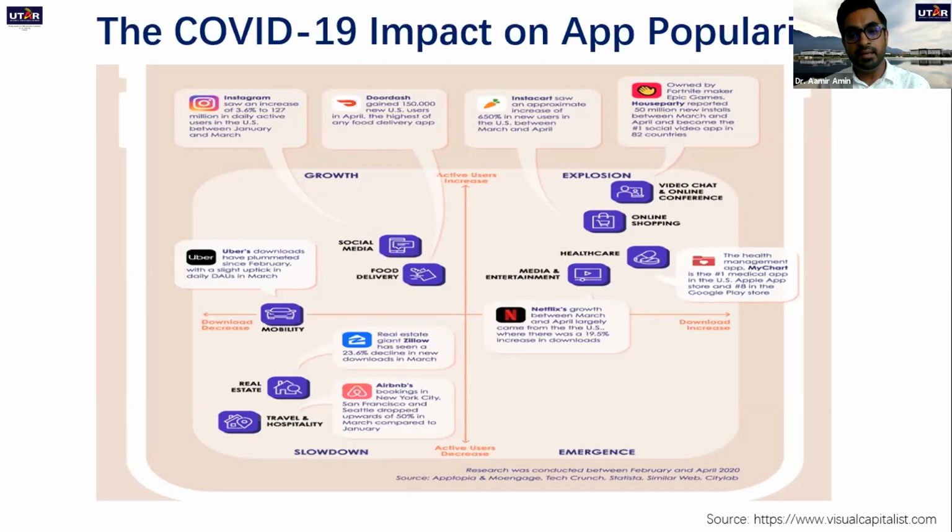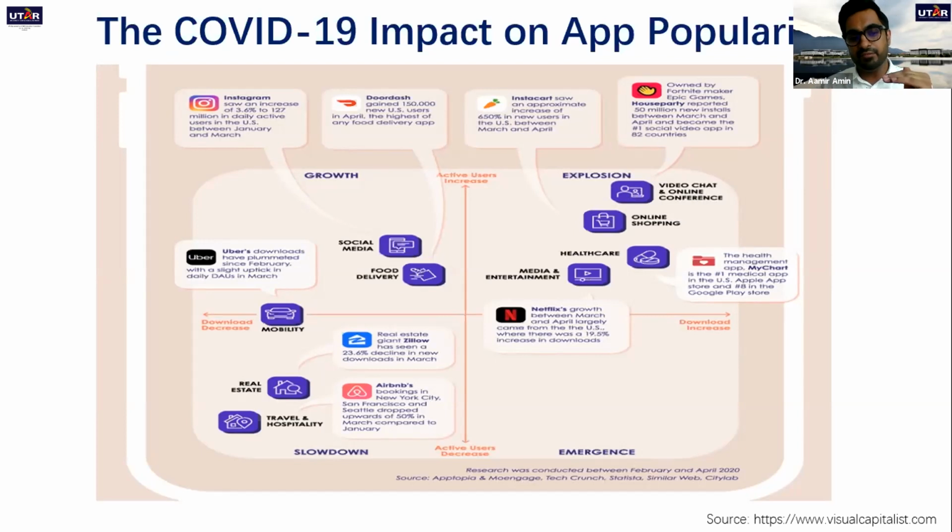A lot of people, maybe including myself, did not know about Zoom's existence before COVID, but now a lot of people are using it. Online shopping has increased, healthcare has increased, and media and entertainment like Netflix has increased explosively. Social media apps and food delivery apps grew as well.